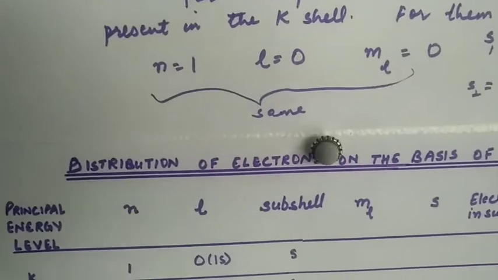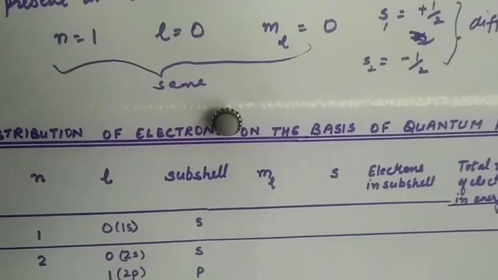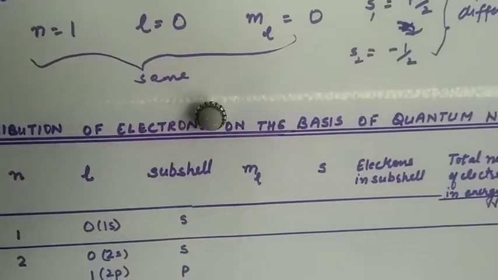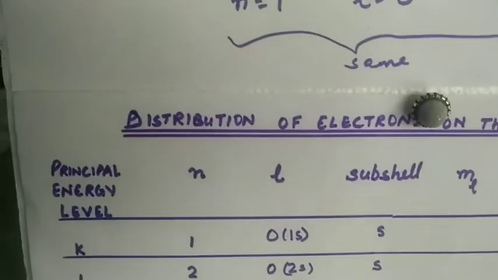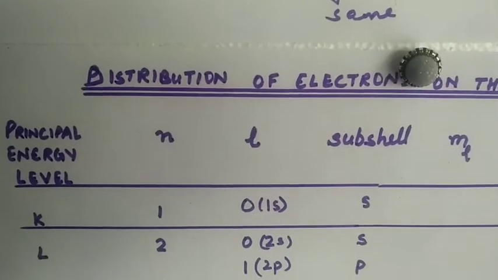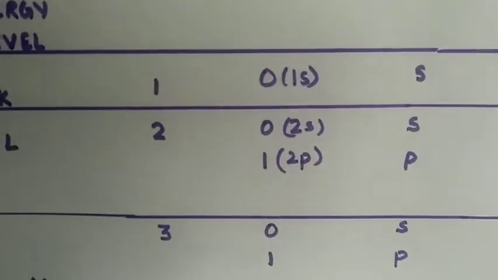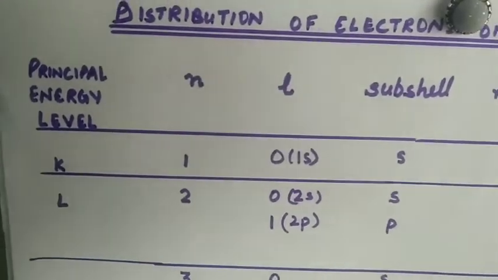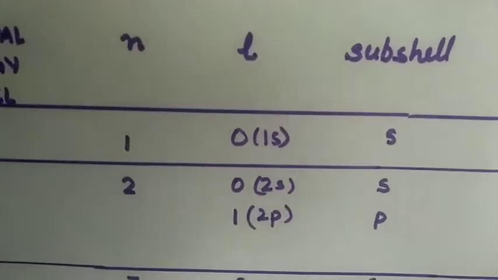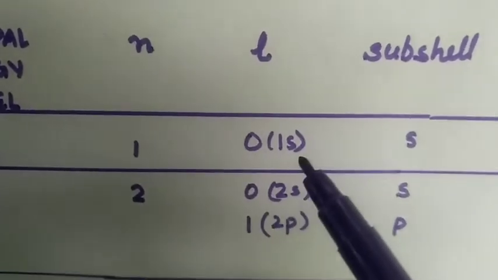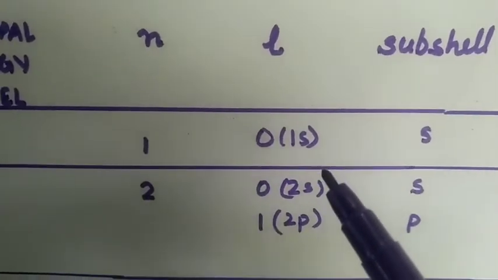So let us learn the distribution of electrons on the basis of quantum numbers. So first shell is K shell. For K, the value of principal quantum number n will be 1 and L is n minus 1, so it is 0, and this subshell is called 1s subshell.